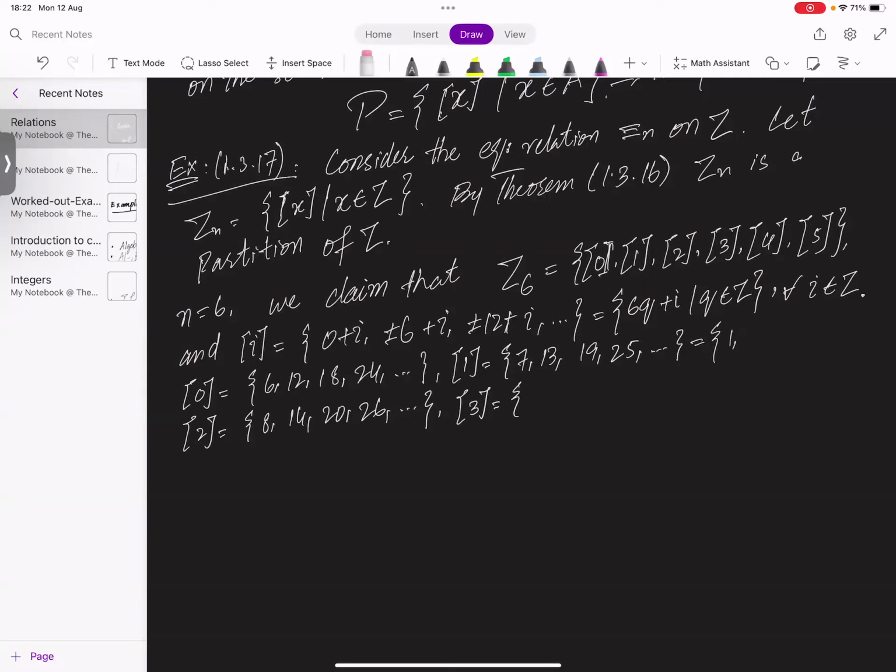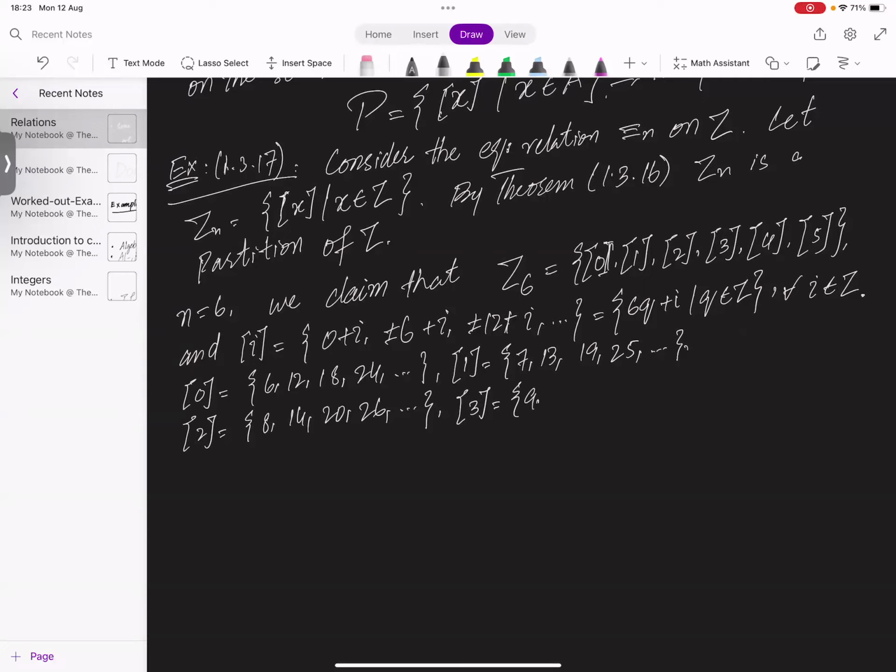So these are the remainders: 0 remainder, 1 remainder, 2 remainder, 3 remainder.